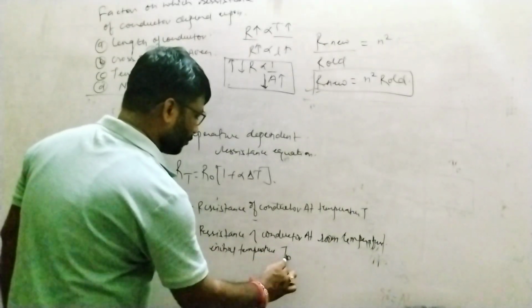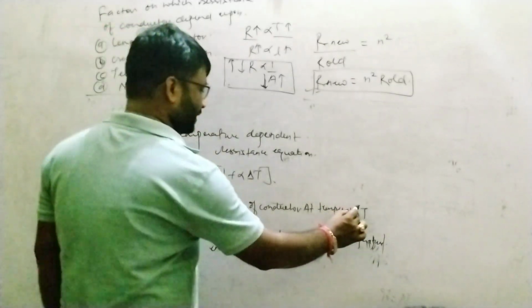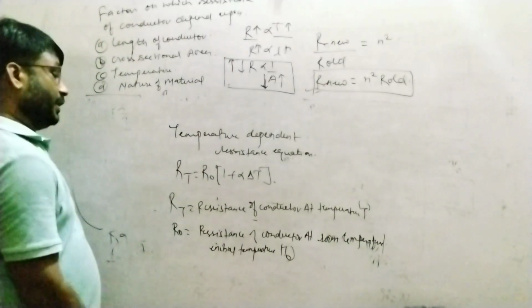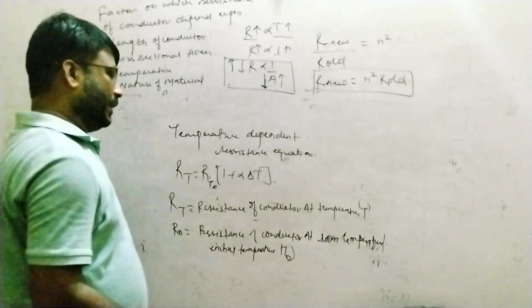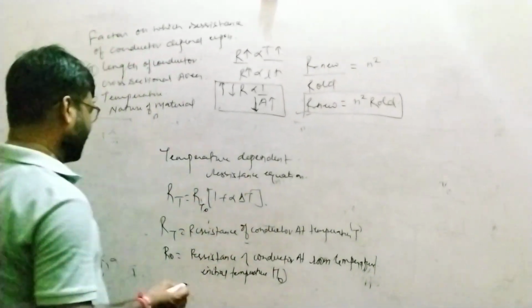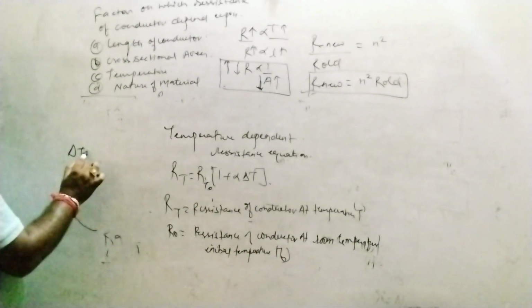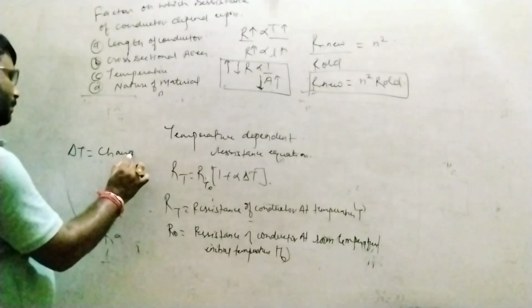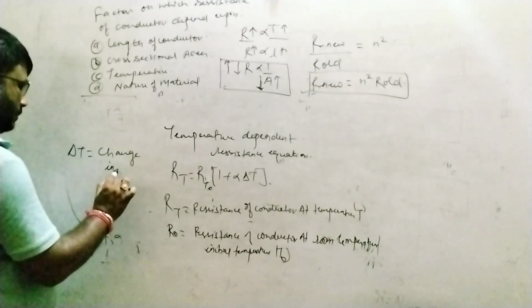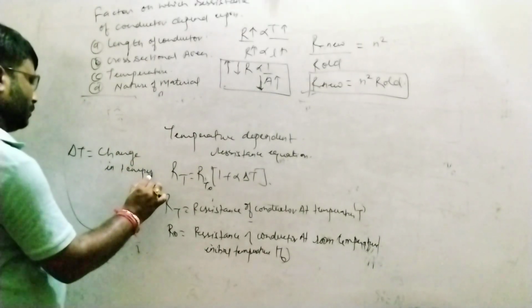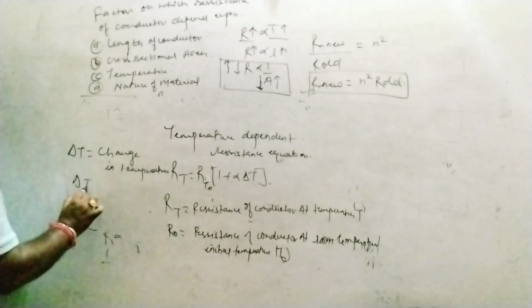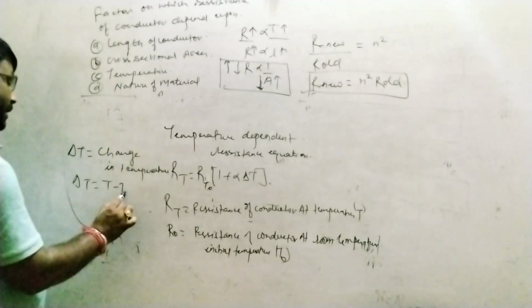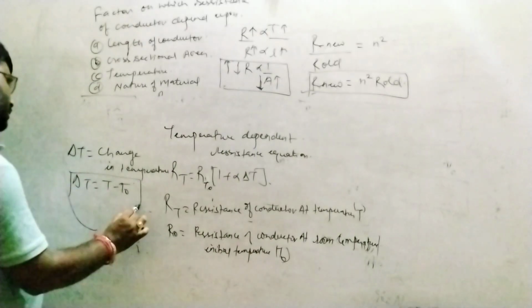You mention it as T naught. Where delta T indicates the change in temperature. The delta T is given by T minus T naught.